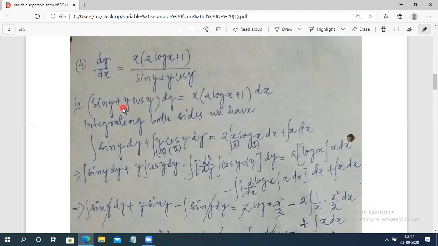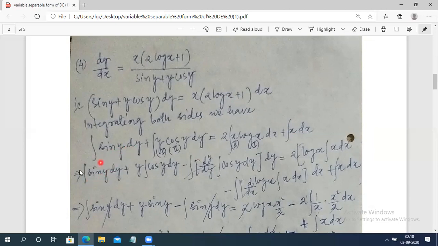In this way we separate our variables, and then we simply integrate both sides of this equation, and this will give, by the property of integration, integration of sin y dy plus integration of y cos y dy is equal to integration of (2x log x plus x) dx. Is it clear?